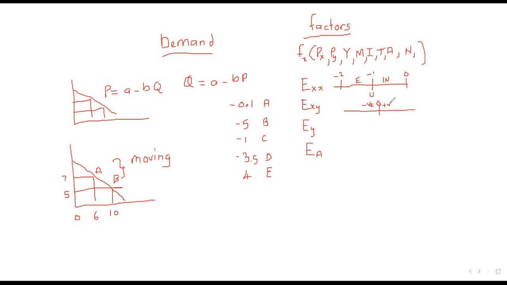So if elasticity is negative, we call that a complementary good. If elasticity is positive, we call that a substitute good. By definition, what is a substitute good and what is a complementary good?